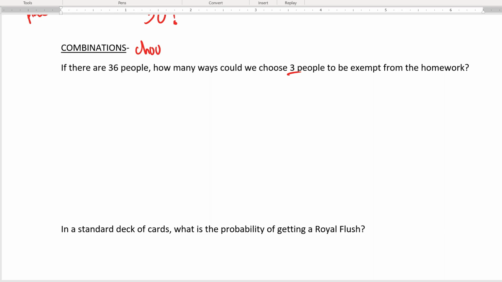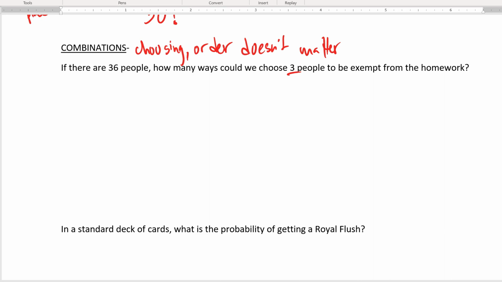We are choosing. The order doesn't matter. Meaning, I don't care if I get chosen first or second. I can go at the beginning and go at the end. So basically, this is kind of like what we were doing with the letters in the word statistics.